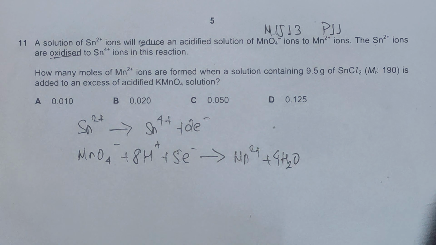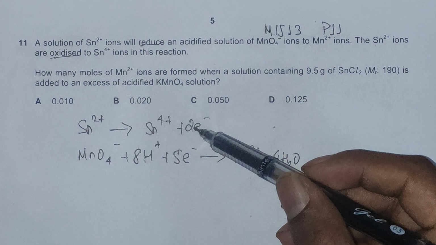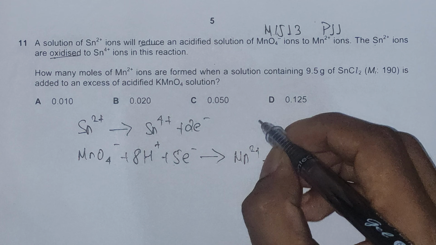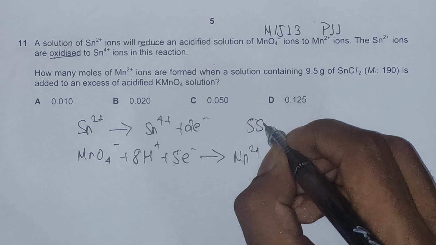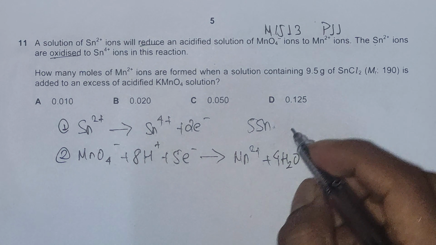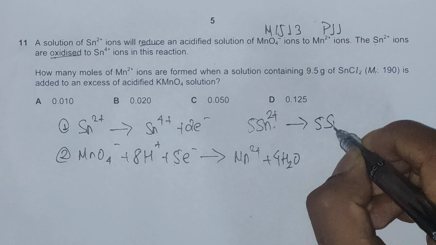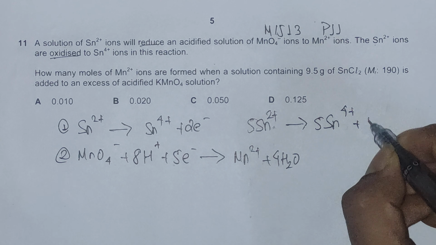Now to combine both these equations, first we need to cancel the electrons out, and the common multiple of these two is 10. We'll multiply the first equation by 5, so 5Sn2+ gives us 5Sn4+ plus 10e-.